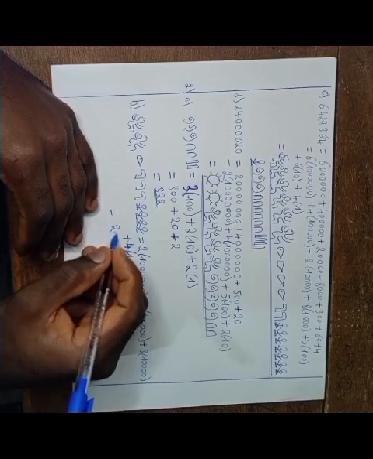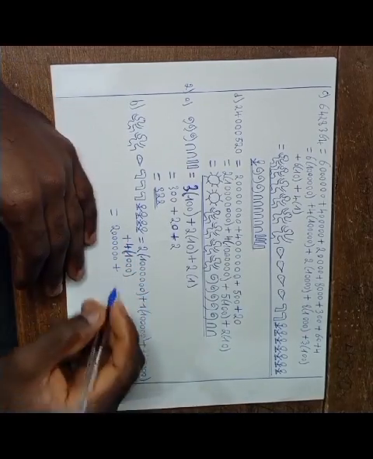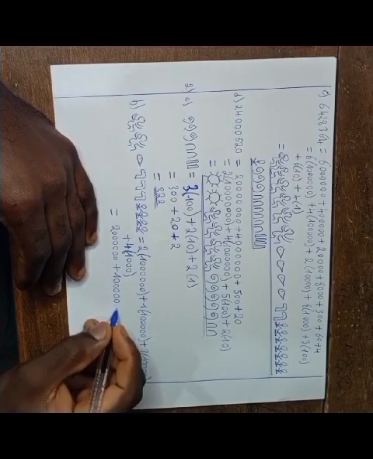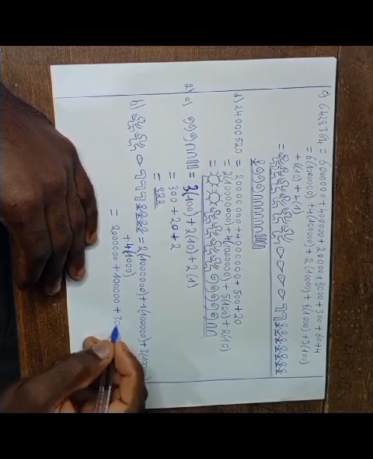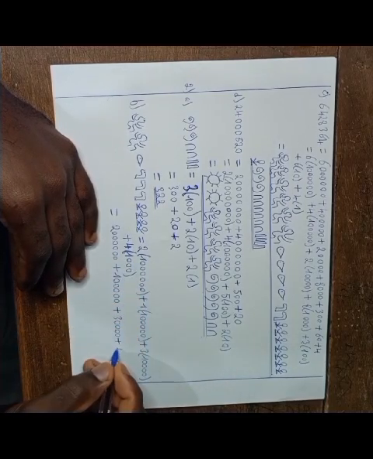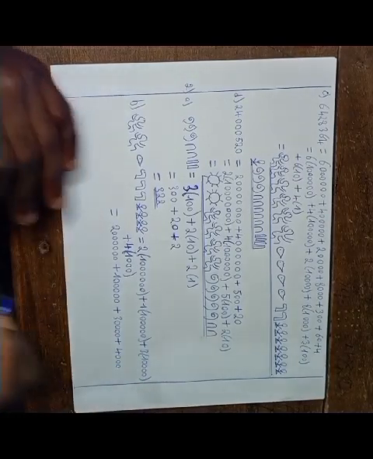2 times 1 million will give us 2 million, plus 1 times 100,000 will give us 100,000, plus 3 times 10,000 will give us 30,000, plus 4 times 1,000 will give us 4,000.